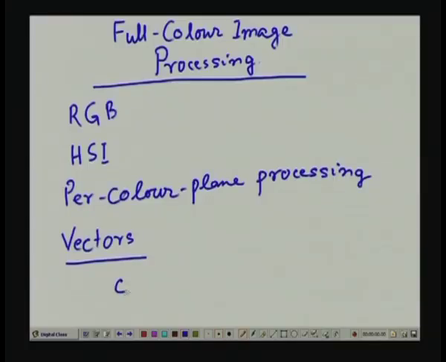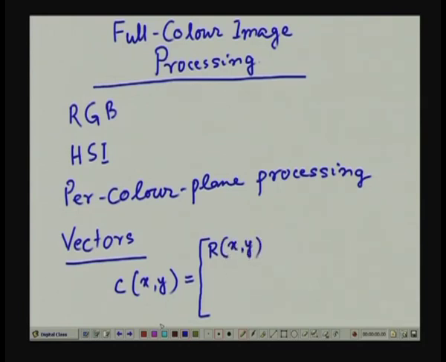And the other category of processing is when all the color components are processed together, and there the different colors are considered as vectors. So, the color at a particular point x y, c x y, if it is specified in RGB color space, will have 3 color components.